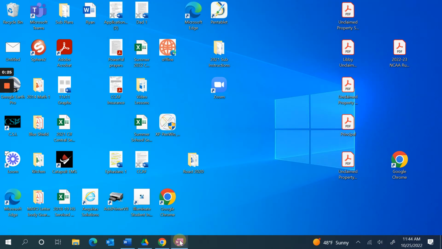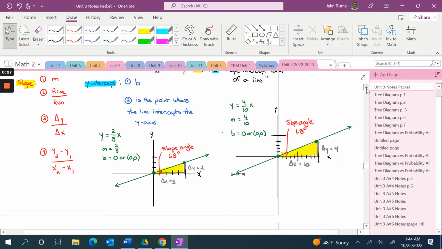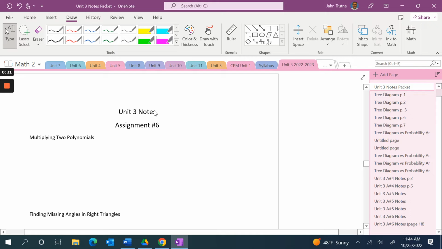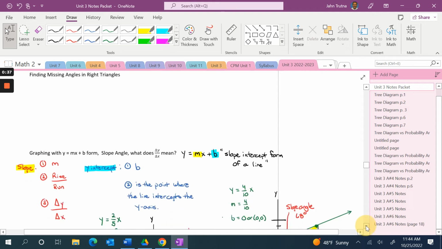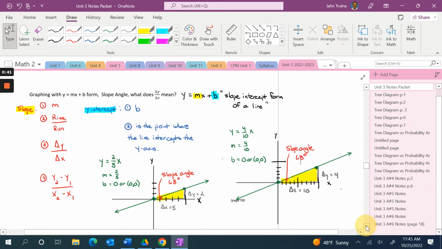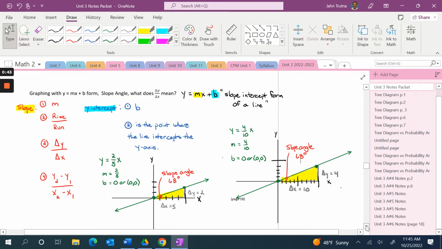Okay. These are the notes for Unit 3 notes, assignment number 6. If you were absent in class, you might want to pause the video at this point and copy down everything that you are looking at right now, because what you're looking at right now are actually the notes that we did in class.